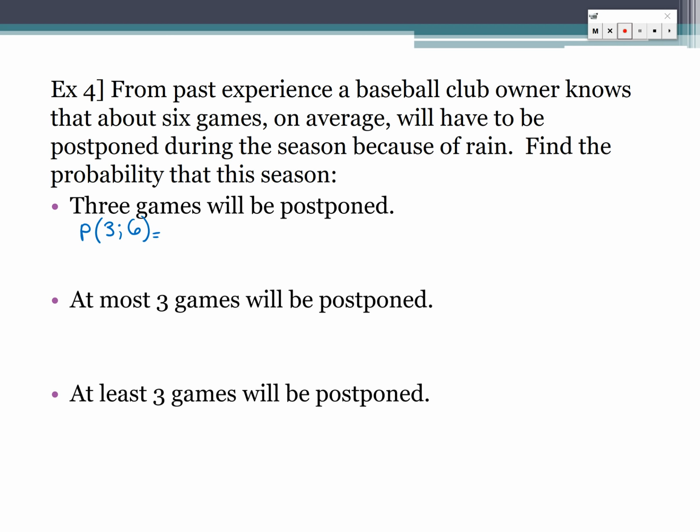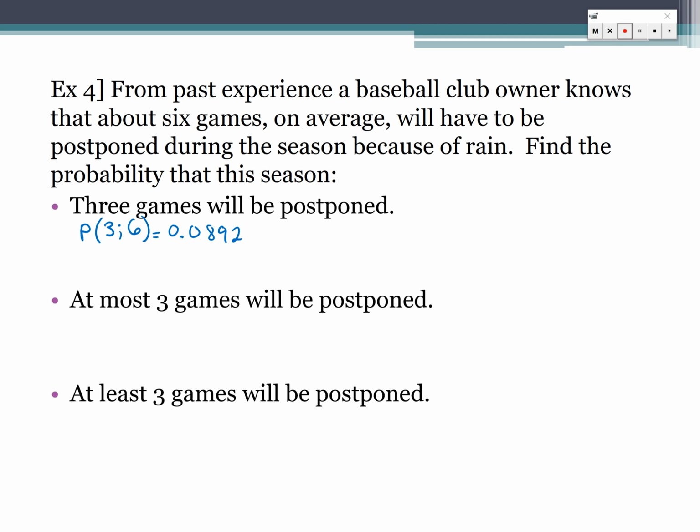So whether you want to use the formula, whether you use the table, or whether you use the calculator, that's what we should come up with. Now, if we get into the at most 3 games, at most 3 games means 3 is the most that I want.